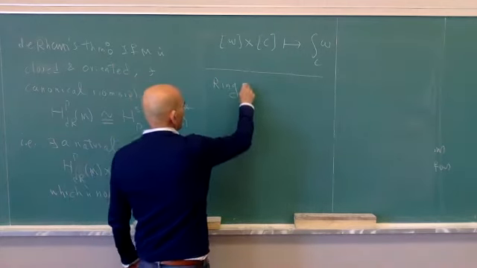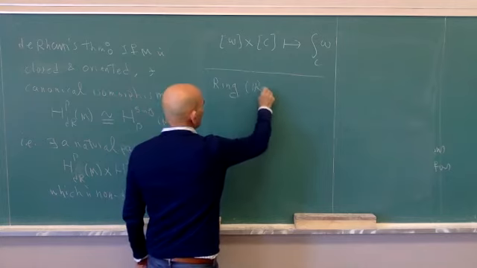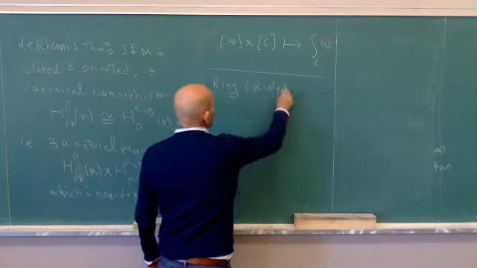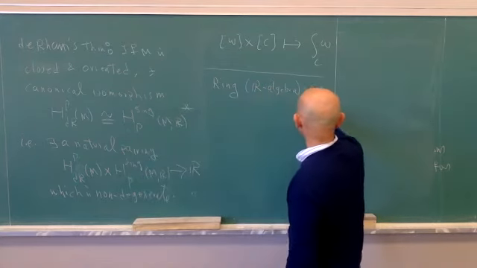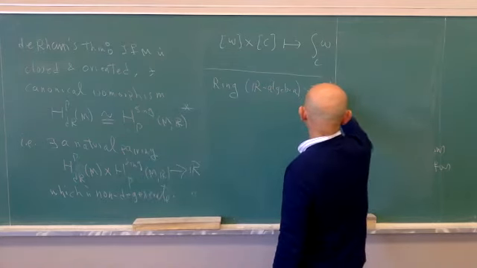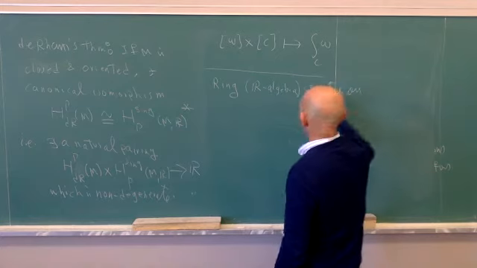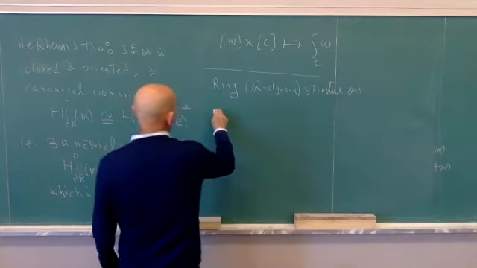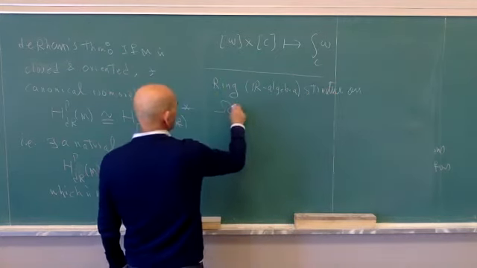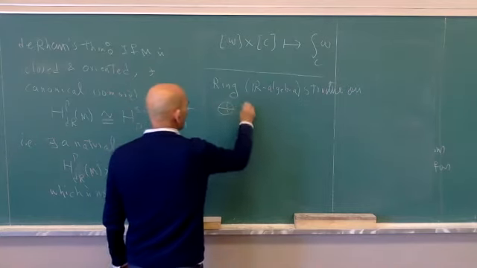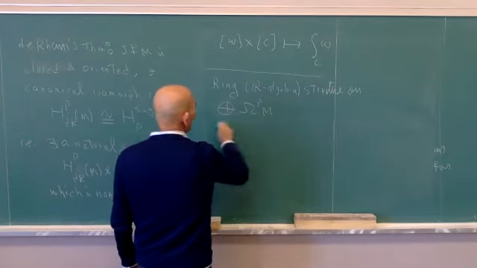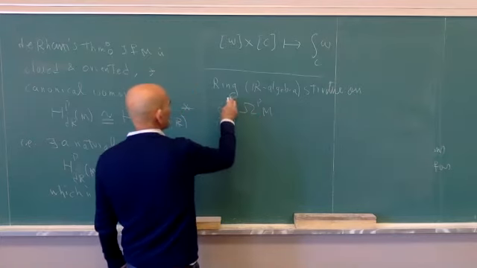Really it means an R-algebra structure, more than just a ring, on the direct sum of Omega^p of M, p from 0 up to n.